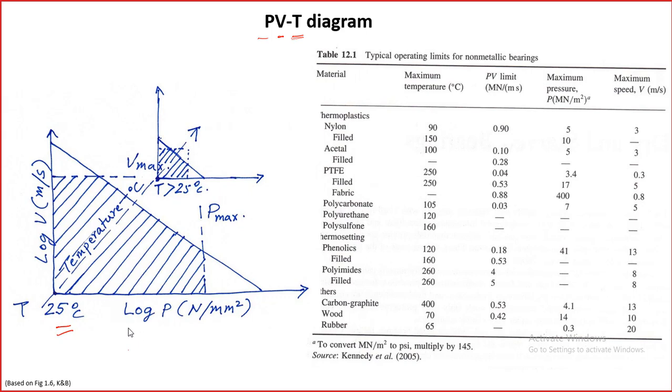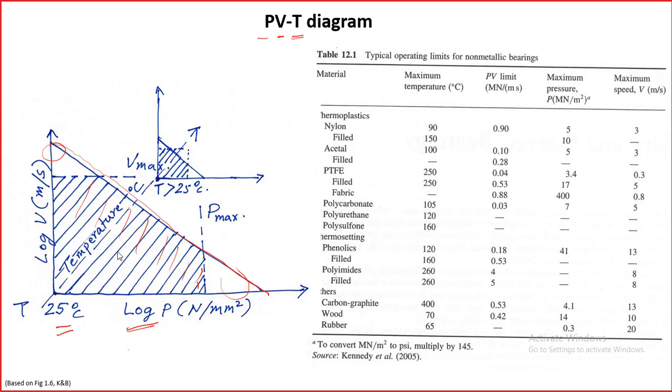Here basically log of P and log of V is plotted, and it gives us an envelope. That means our bearing can work within this envelope range, leaving behind these two extremes.